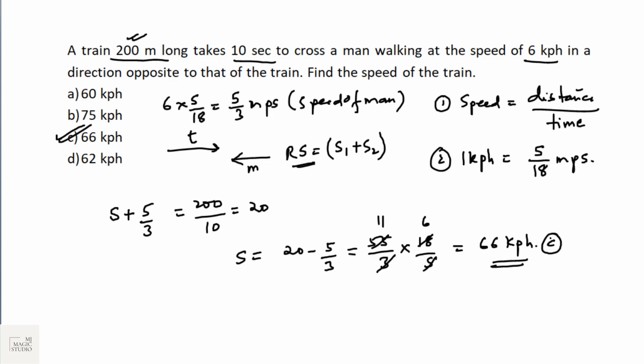Option C fits in. Classical example of two bodies crossing each other from opposite directions. Relative speed would be the sum of the speeds, and in this case there is no length of the second moving body, so the distance to be covered is just the length of the first moving body, that is the train. So speed of train is 66 kilometer per hour.